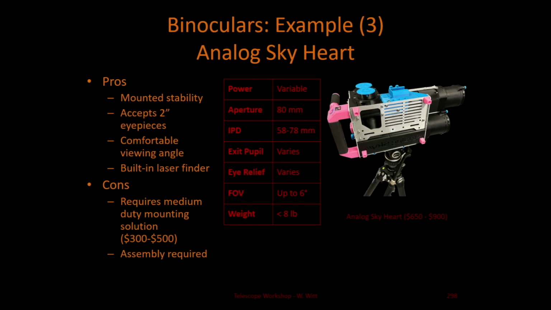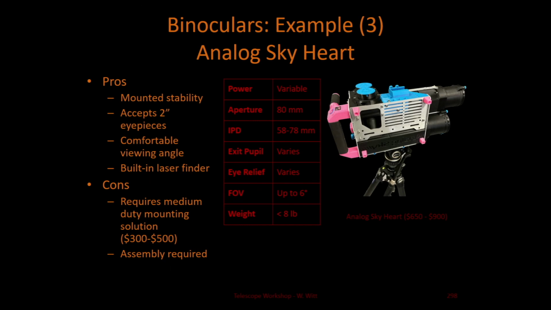This takes different eyepieces, costs $650, but it also accepts 2-inch eyepieces. 2-inch eyepieces can give you a wider field of view at a lower cost and a larger exit pupil, so it is a more immersive experience. Plus, you get 2 of them, so looking through these with 2-inch eyepieces can be really, really fun, and you don't have to buy the $630 eyepieces, although if you did, I'm sure it would be even better.